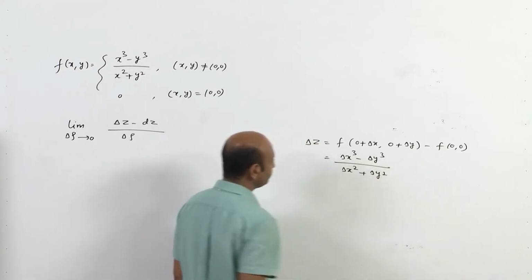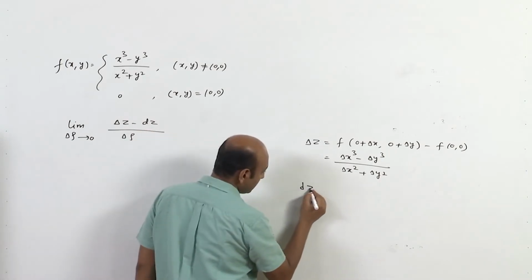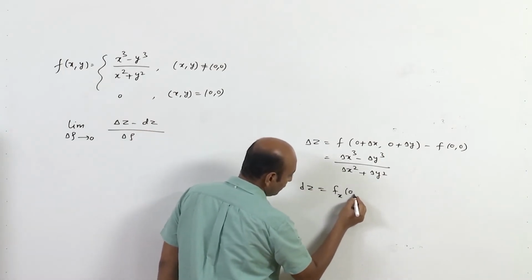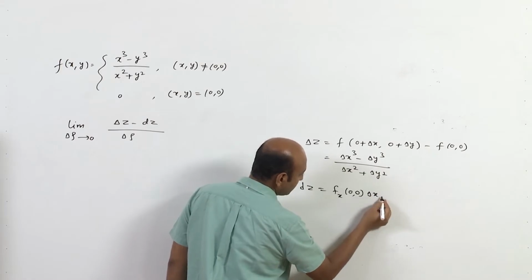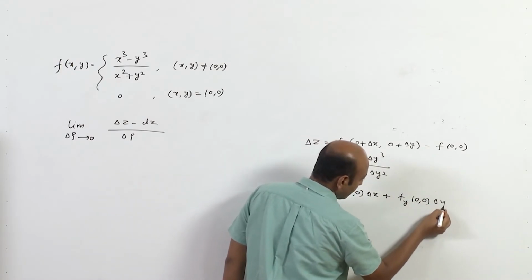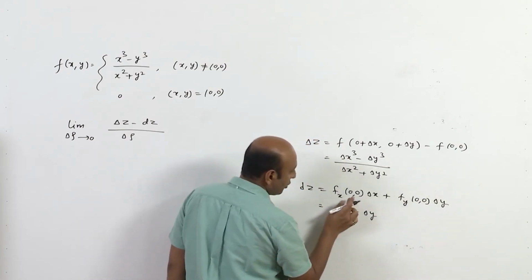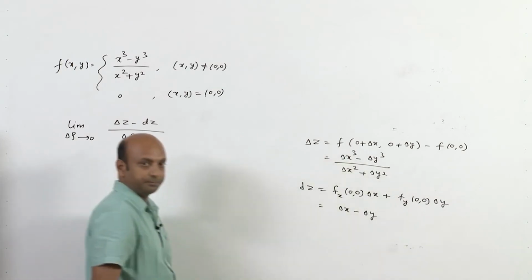This value is 0. Now, what is dz? Dz is fx at (0, 0) into delta x plus fy at (0, 0) into delta y, which is delta x minus delta y, because this is 1 and this is minus 1.